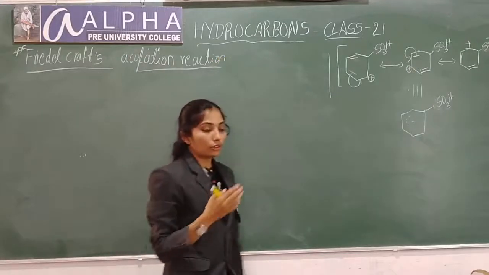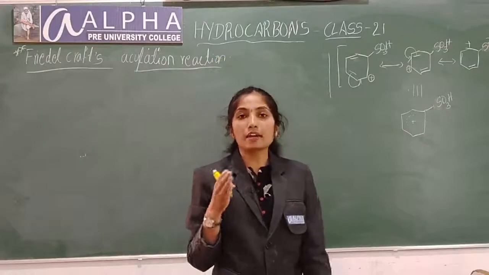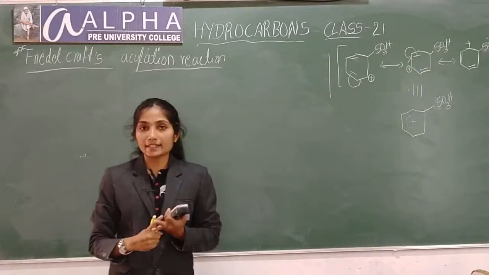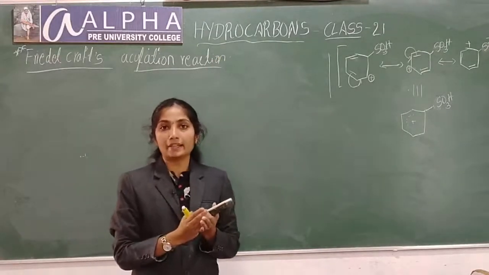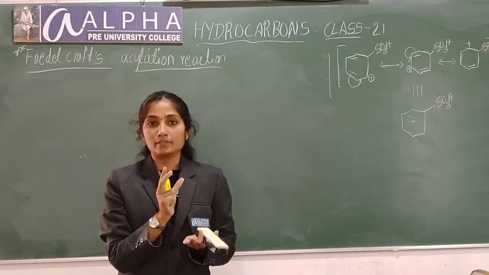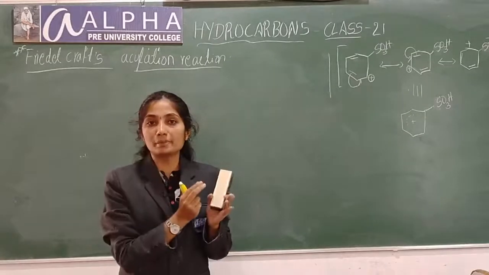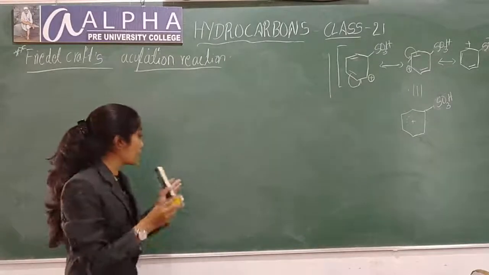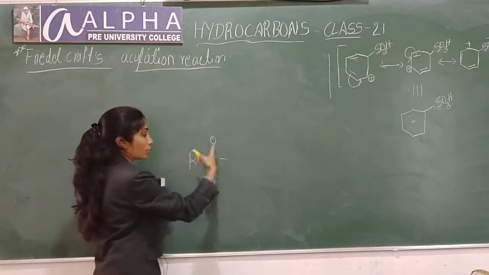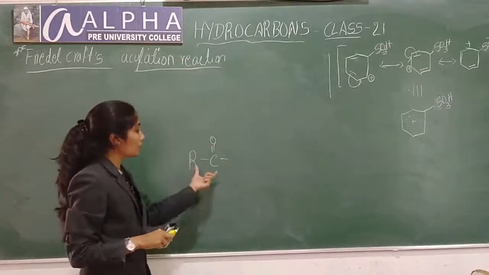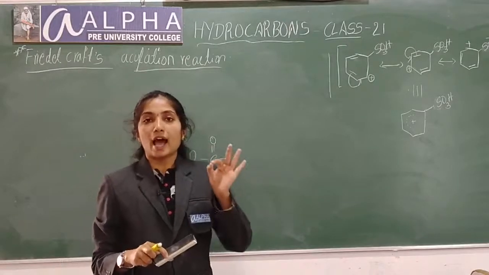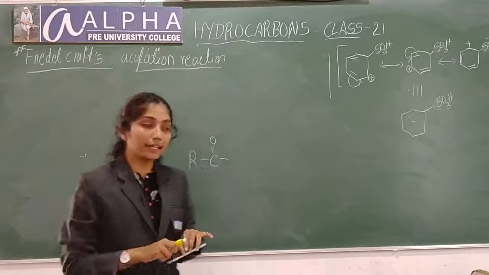Here we will take acid chloride or acid anhydride as reagent. Benzene reacts with acid chloride or acid anhydride to substitute an acyl group onto benzene. Which is the acyl group? RC double bond O. This group is called the acyl group. This group will be substituted to benzene when you treat benzene with acid chloride or acid anhydride.